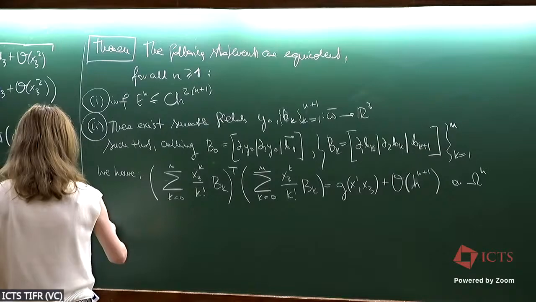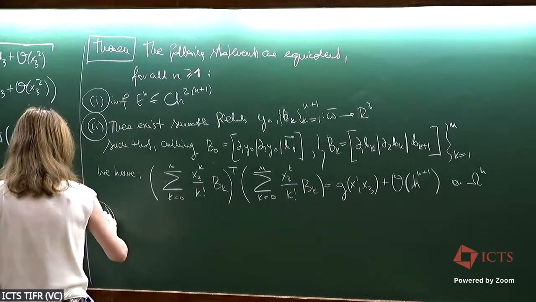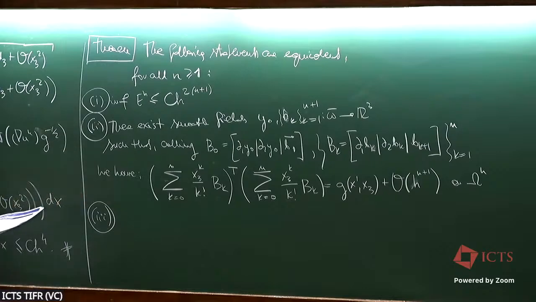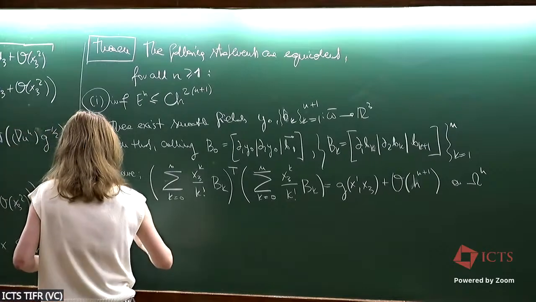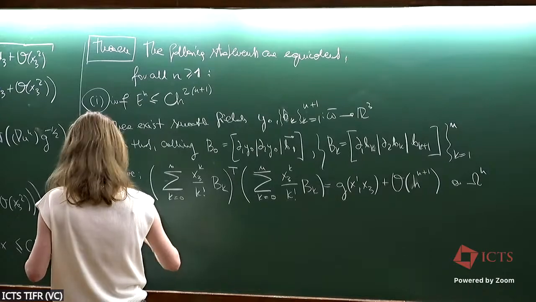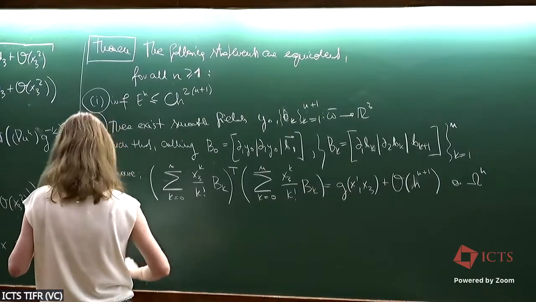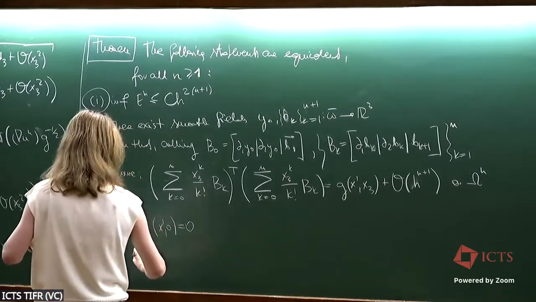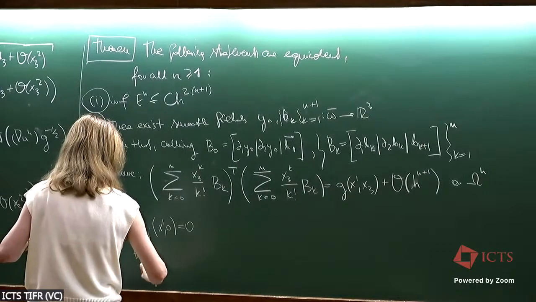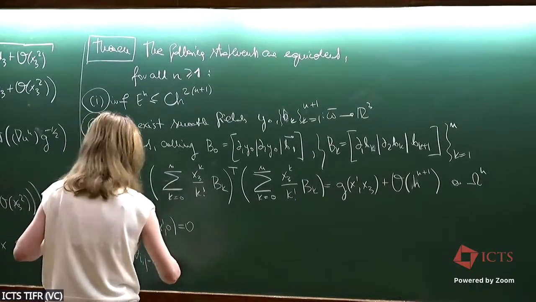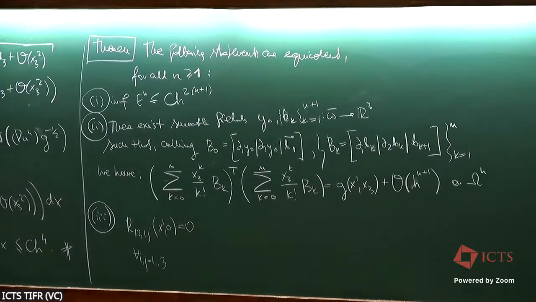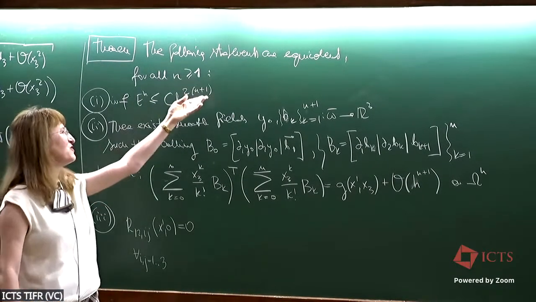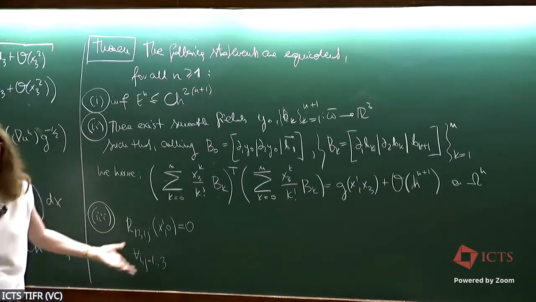Condition 3, again, 1 is equivalent to 2, equivalent to 3: R_ij at x prime 0 equal to 0. So this is for every ij from 1 to 3, right? These are the three R's that had to disappear already when n is 1. When n is 1 or anything more than 1, then of course they also have to disappear.